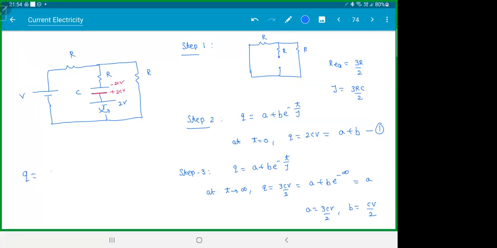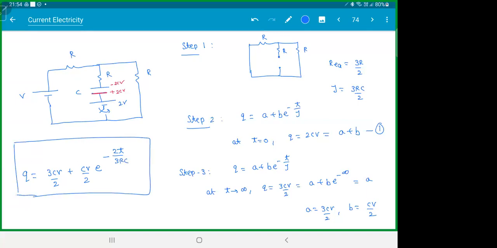So Q is equal to 3CV by 2 plus CV by 2 e to the power of minus T by tau, so minus 2T by 3RC. This is the charge as a function of time t without any integration. Please check the steps.